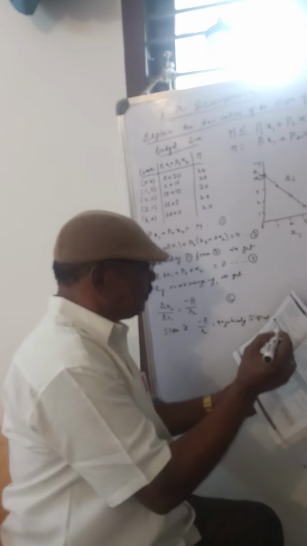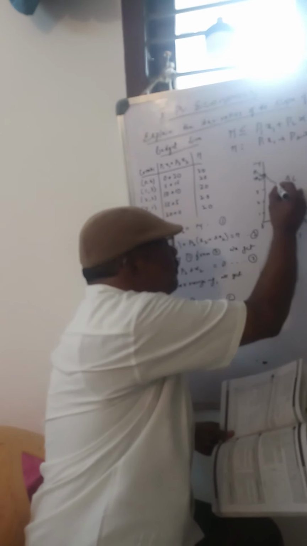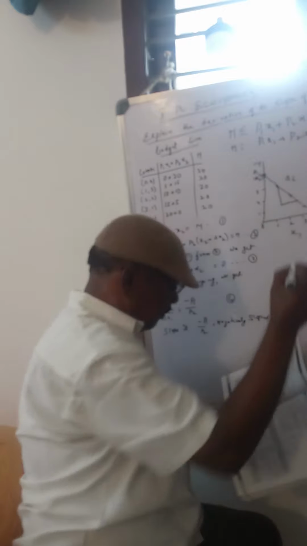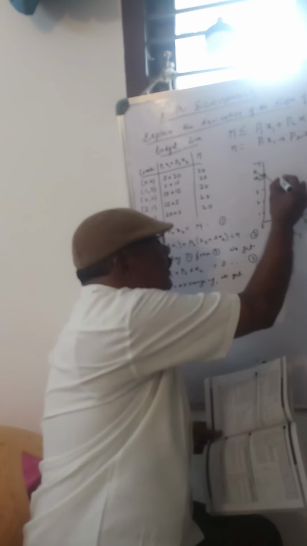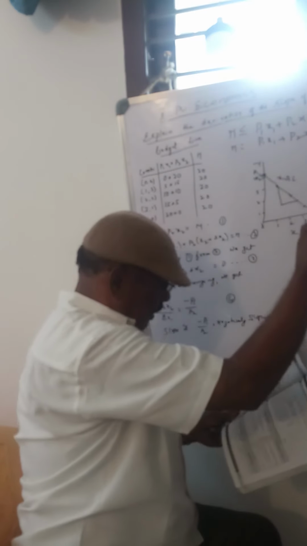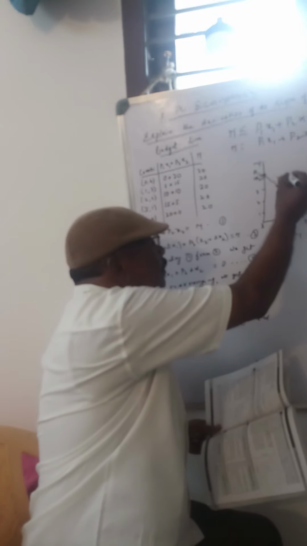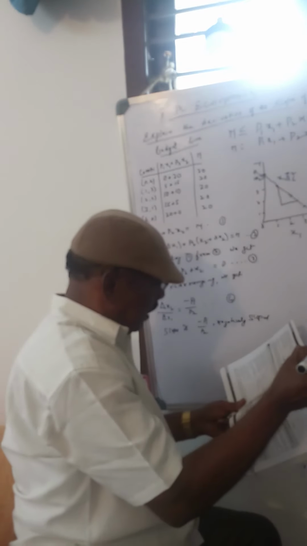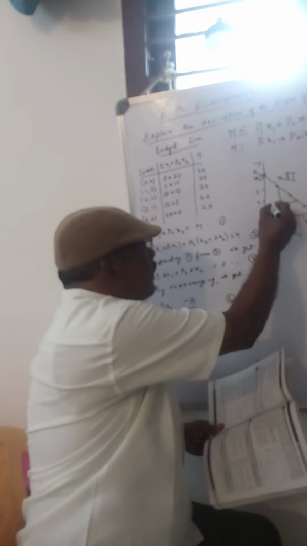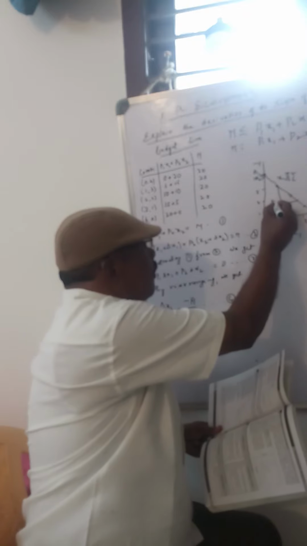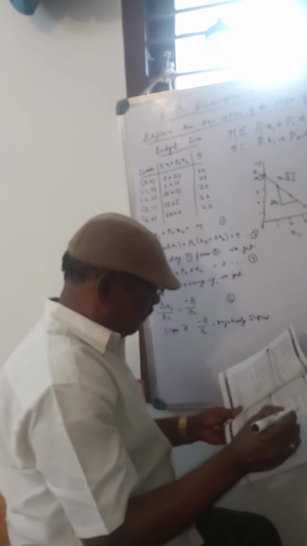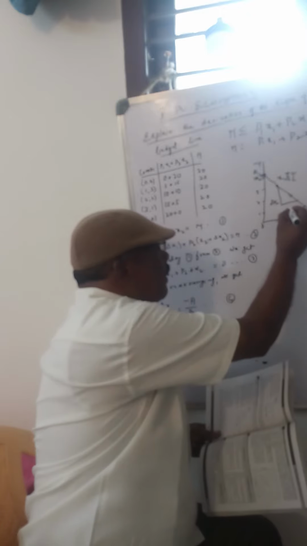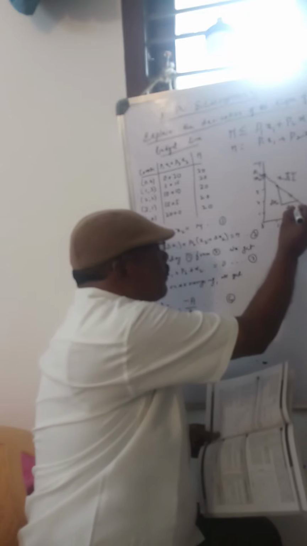And see, here it is shown: this is x1, x2, and this is delta x2, this is delta x1.